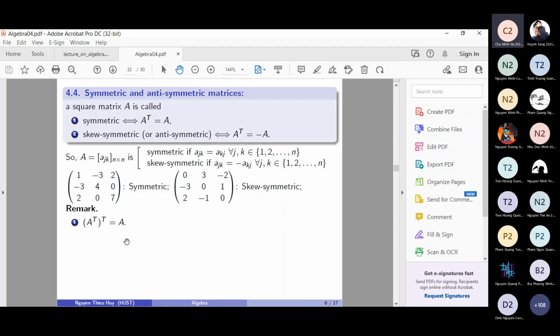Good. But the second remark is interesting. I will tell you the remark. Every square matrix can be written as a sum of a symmetric matrix and a skew symmetric one. It seems interesting. So you can decompose a square matrix as a sum of a symmetric matrix and a skew symmetric matrix.